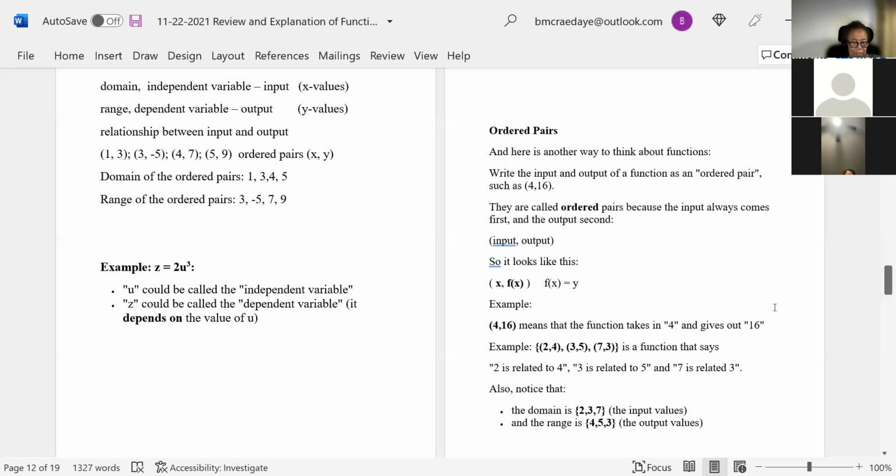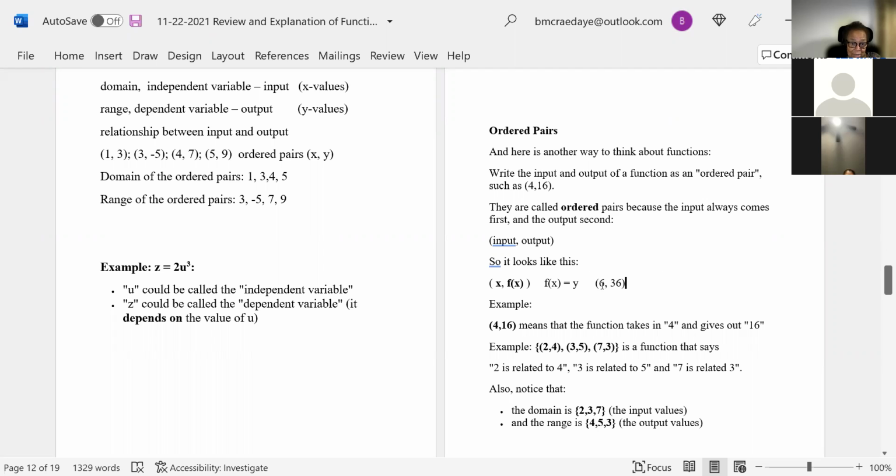So if this was 6, and the output 36, I take in a 6 and get a 36. How can I go from 6 to 36? What operation? Multiply 6 by 6, which is 6 squared.